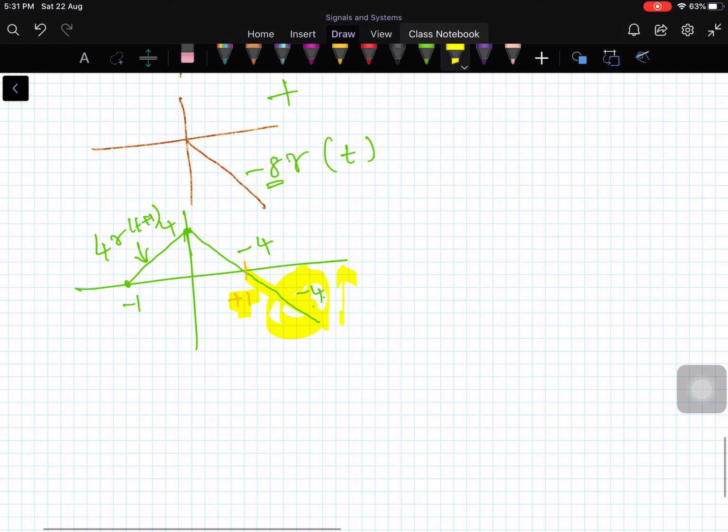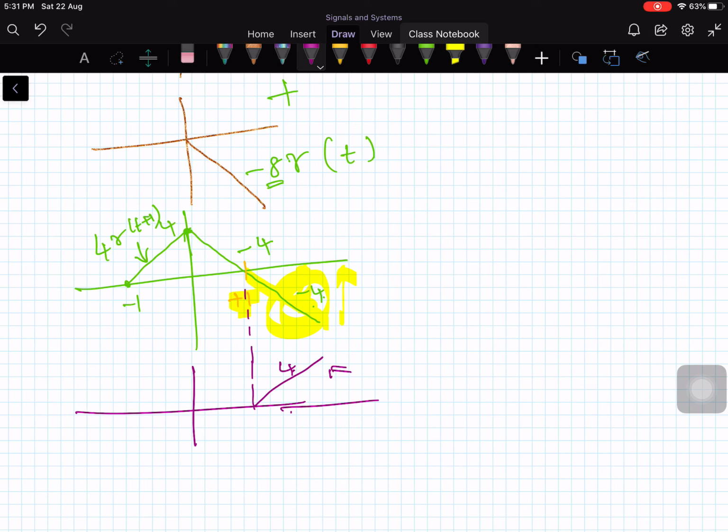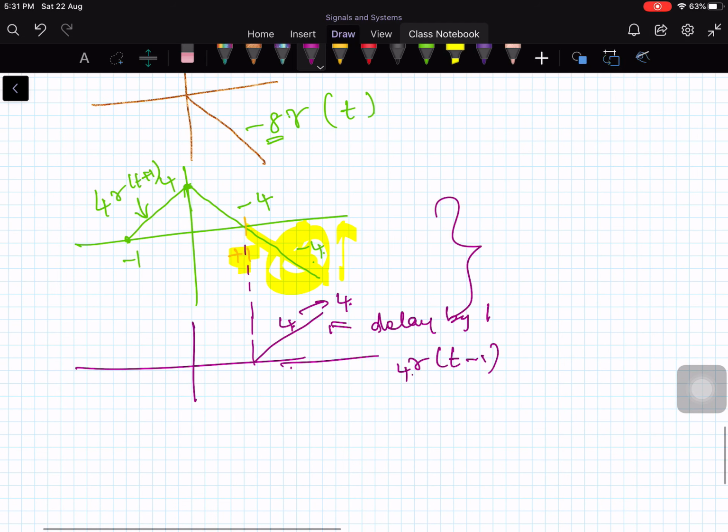Exactly at this point you introduce another slope with 4 units positive slope. Now how do you describe this? It is delayed by 1 unit. Therefore r of t minus 1. What is the slope? 4 units. So I put 4 units. Add this and that, this one and this one, 1 and 2, then this slope will be arrested.